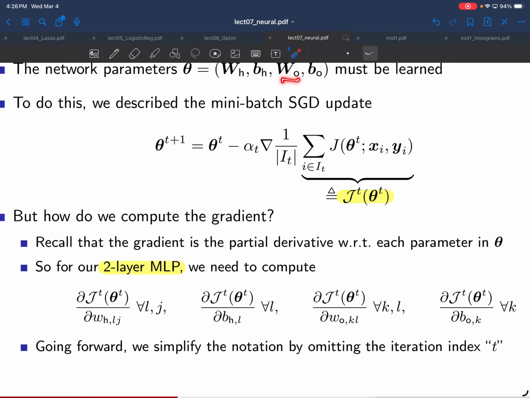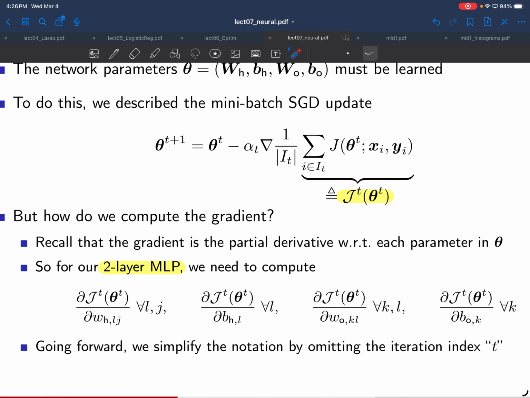And then for the output weights, that could also be a matrix. So here we have the partial derivative with respect to the k-th row and l-th column of that matrix, and then we also have partial derivatives with respect to the output bias entries. So these are all the things we need to compute, and that's what we're going to do.